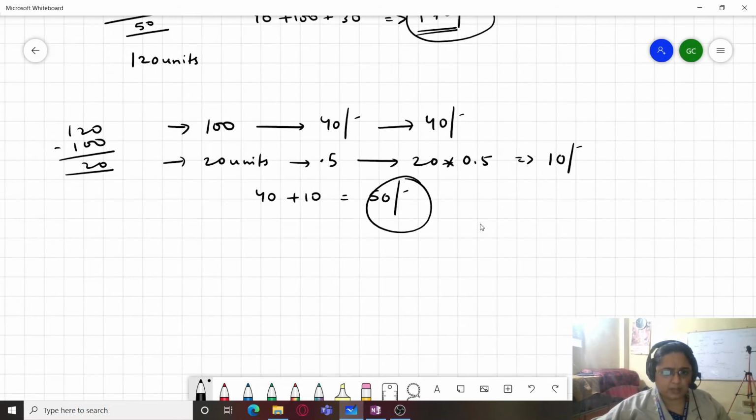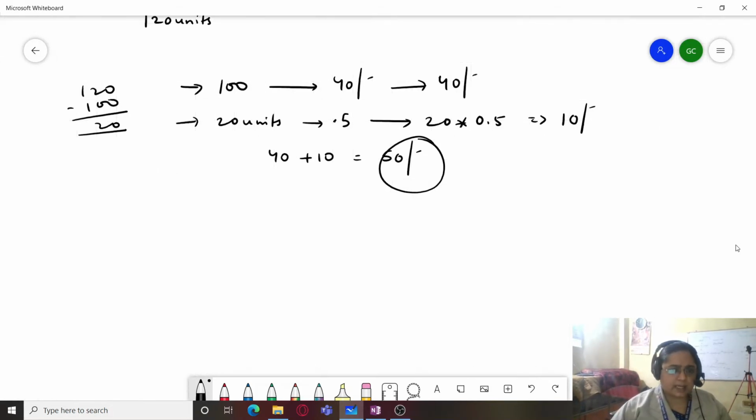Right? So this is how it is calculated. Let me take one more example, 270 units. Checking 270 units, I am going to write the slabs once again. 1 to 100, which is 0.4 rupees; 101 to 300, that is 0.5 rupees; and 301 onwards, that is 0.6 rupees.